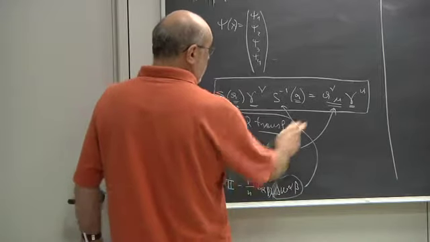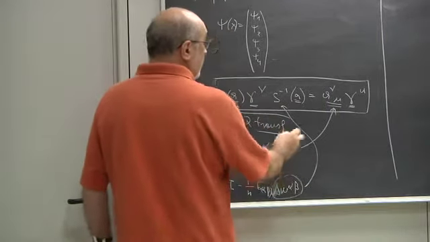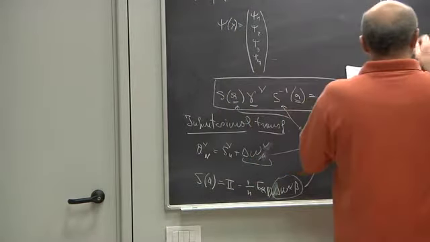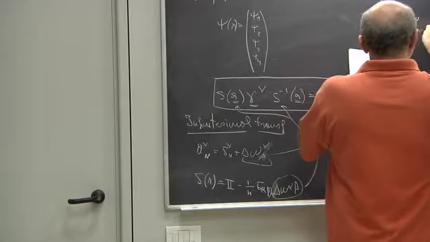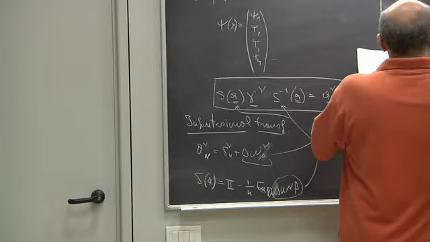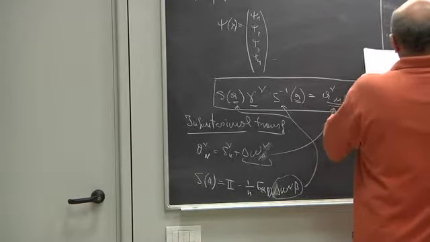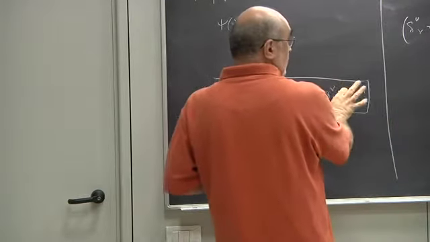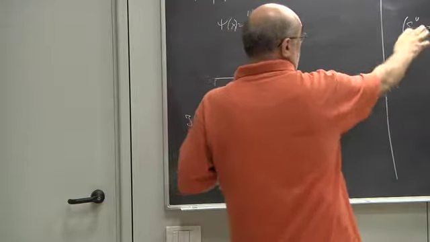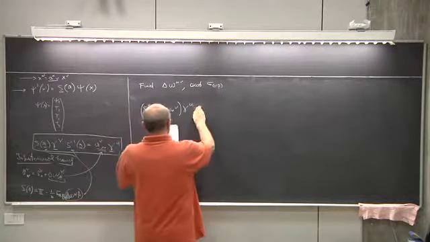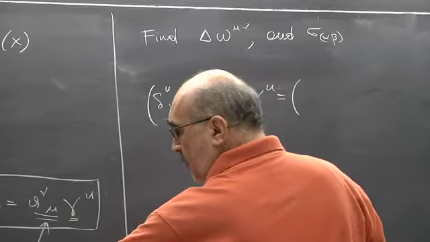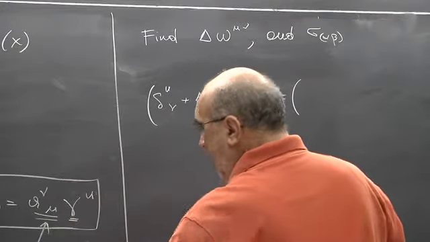Okay, so we put in this form there and there, but let me first write down this. On the left hand side I will write delta mu nu plus delta omega mu nu gamma mu, that is this object. So I have written on the left hand side instead of the right hand side. It is the same. Then I have to write this object, which has this form, 1 minus i/4 sigma alpha beta delta omega alpha beta.